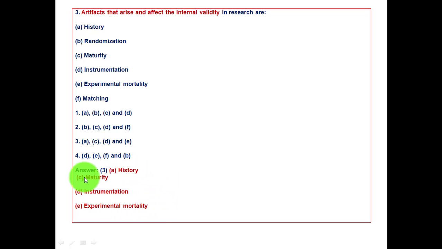These four are important artifacts that may affect the internal validity. If you check the options, option 3 is matching: A, C, D, E, that is history, maturity, instrumentation, experimental mortality. So the correct option is 3. Clear? If you still have doubt on any question, do ask me through comment, and I'll respond to it.